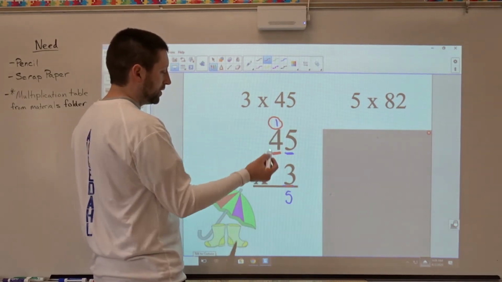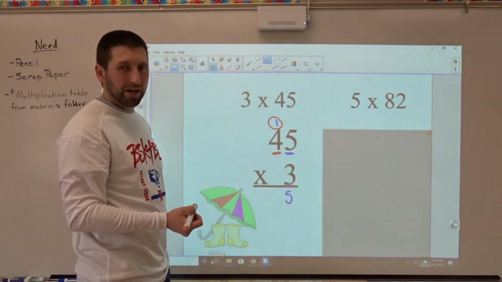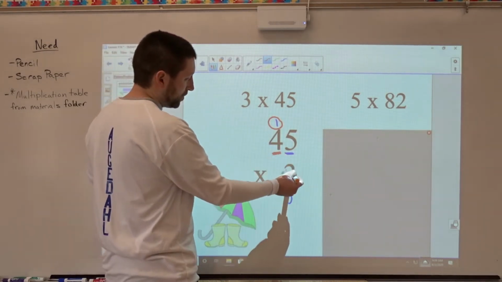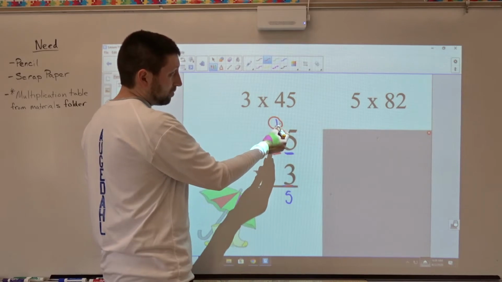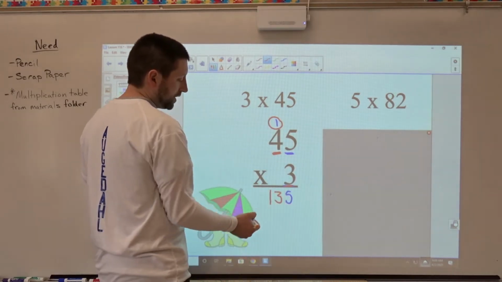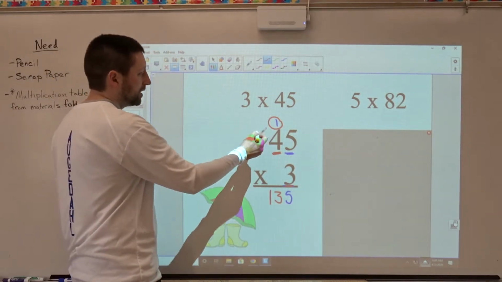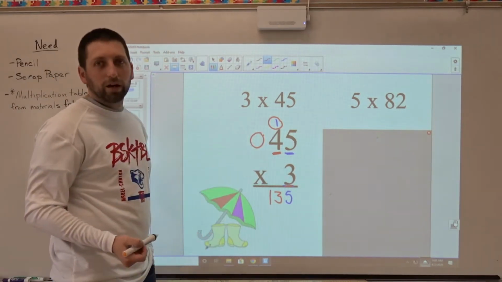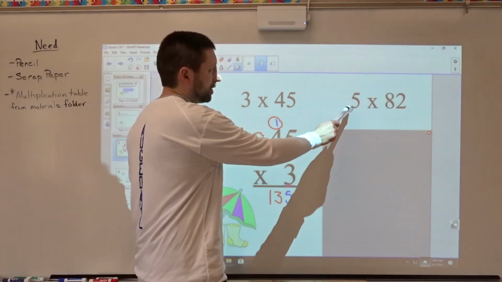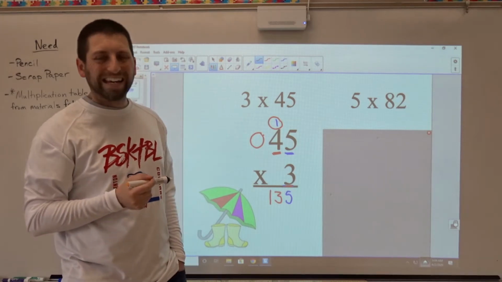So what I need to do with that is now I need to add. So I'm actually multiplying and I'm adding in the same problem here. So 4 times 3 I said was 12, plus 1 is 13. And now this time I can actually write 13 down here because I don't have a number in my hundreds place.